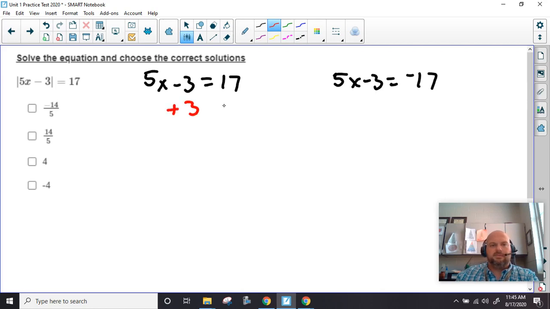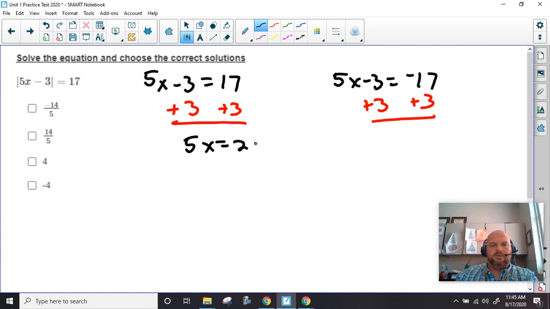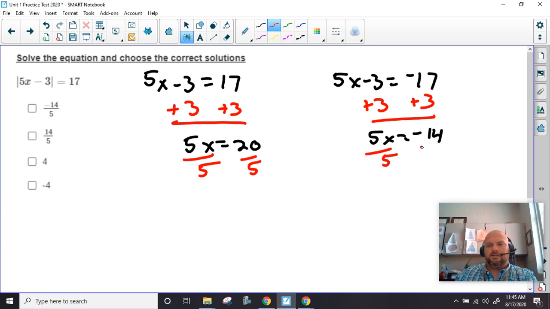So we're going to add 3 to both sides. This would be 20x, and this would be negative 14. When we divide by 5 and everything, we get x equals 4.